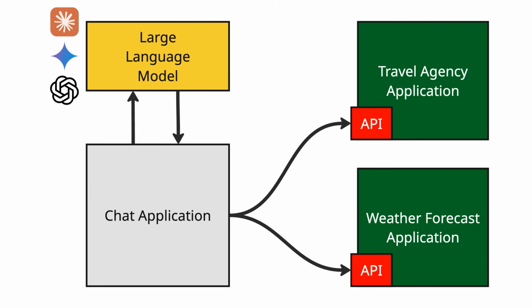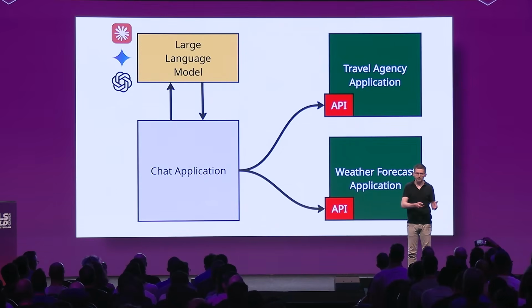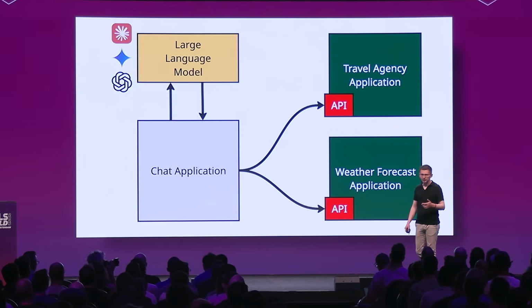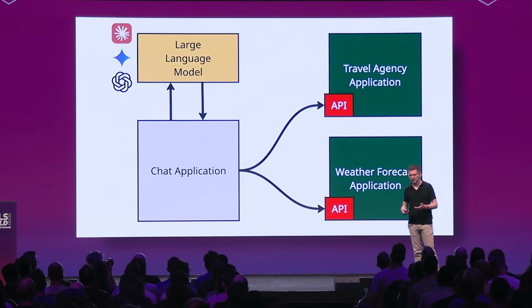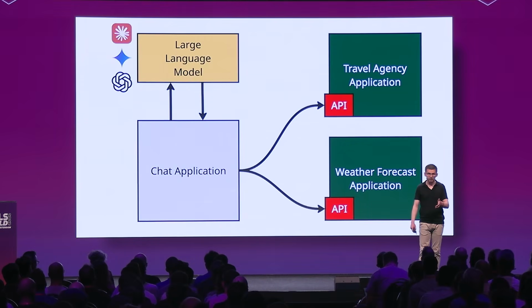Of course, we can work around. We can build an application which, on one hand, converses with LLM using prompt and response, and on the other hand, uses API endpoints that we all know and love, and just translates it back and forth. And it can be done, and it's done over and over again, and sometimes it is the way to go.